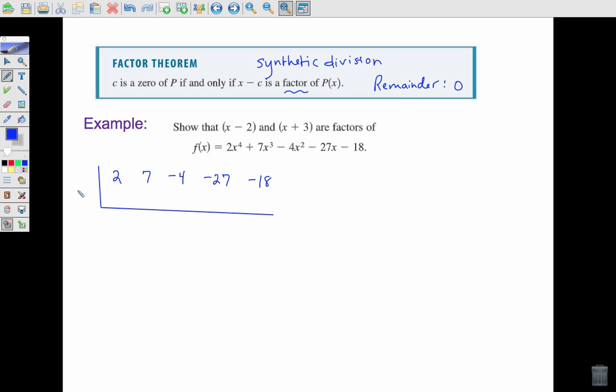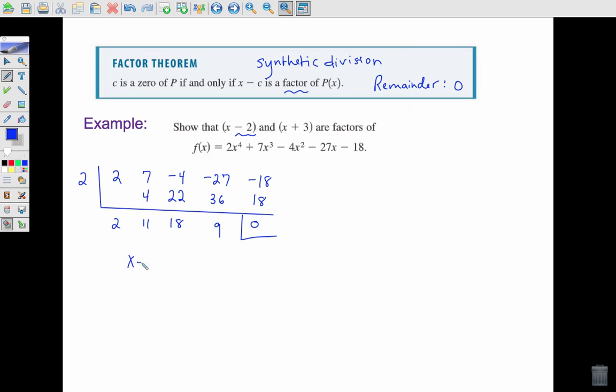I'm going to first divide by +2. Whenever we're using synthetic division, we use the opposite sign. And then I'm just going to go ahead and do the synthetic division. As we see, we get a 0 remainder.